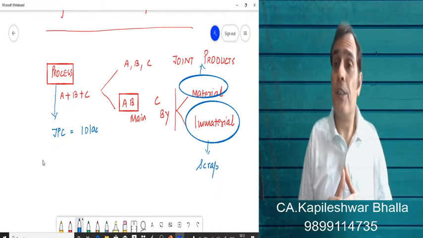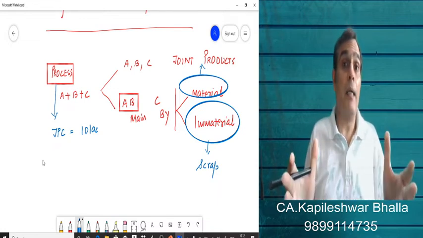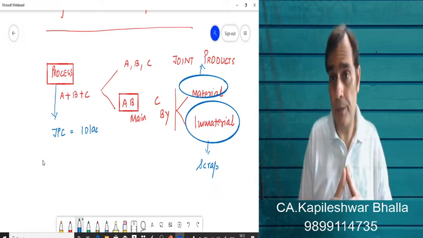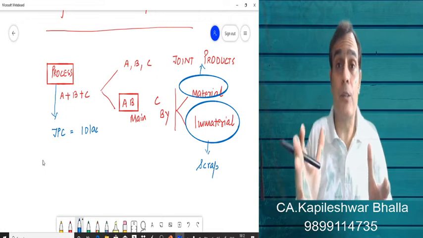But if you look at the third situation where A and B is the main product and C is the byproduct which is immaterial in nature, then in that particular case, we consider C as good as scrap.